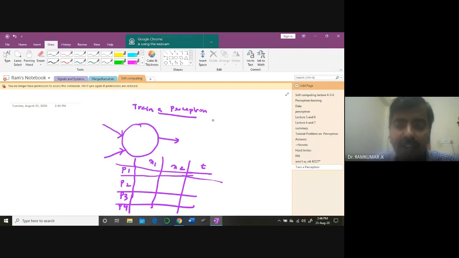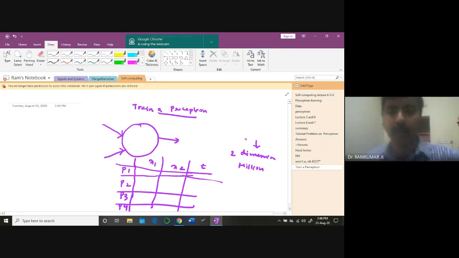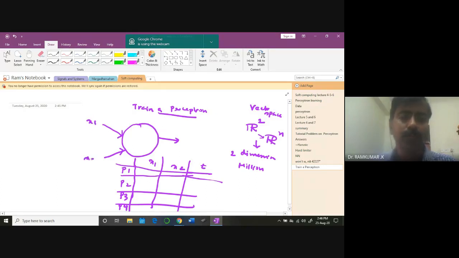It's a very toy example, with only 2-dimensional data. But I have been talking about something called million dimensions. We can extend the same idea to million dimensions. Whatever works out in 2-dimensional space can be extended to R n, vector space. Now this is X1. Take the first pattern with some initial random weights W and bias.